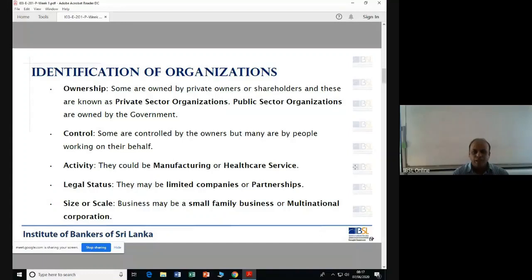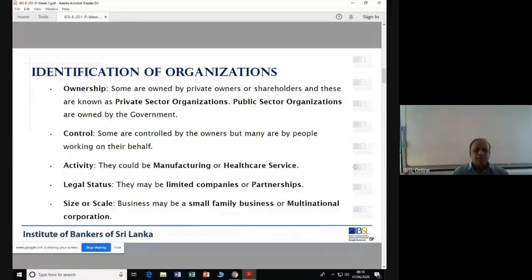There can be situations where the shareholding or ownership is partly held by the government and the balance portion is with private sector companies or shareholders. But broadly, we categorize these organizations into two, namely private sector organizations and public sector organizations. A private sector organization is where the ownership is with private owners. In the case of a public sector organization, the ownership is with the government.